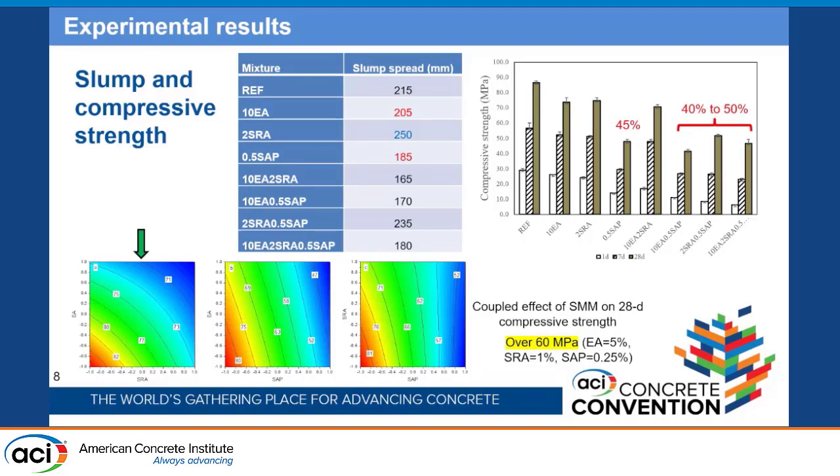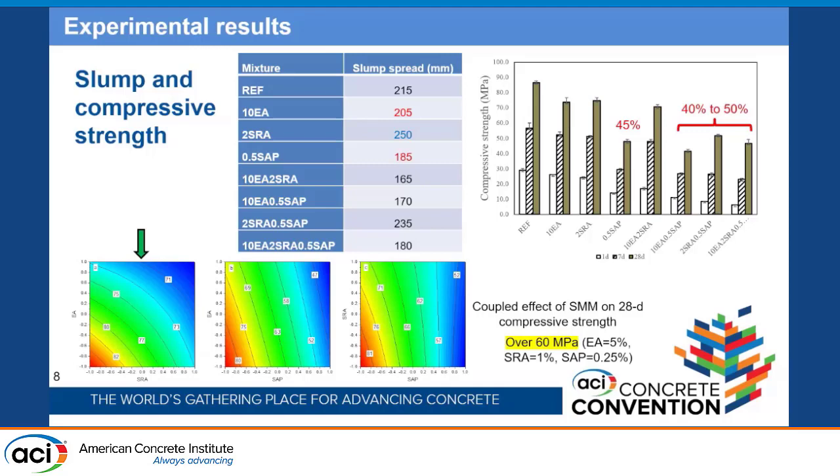I'm going to talk about the results, slump and compressive strength, which you see on this slide. Mini slump: using expansive agent and shrinkage reducing admixture reduced the slump. However, SRA improved the slump. On the graph, you see the compressive strength was reduced by all the shrinkage mitigating materials, and the combination was the worst, with up to 50% reduction in compressive strength.